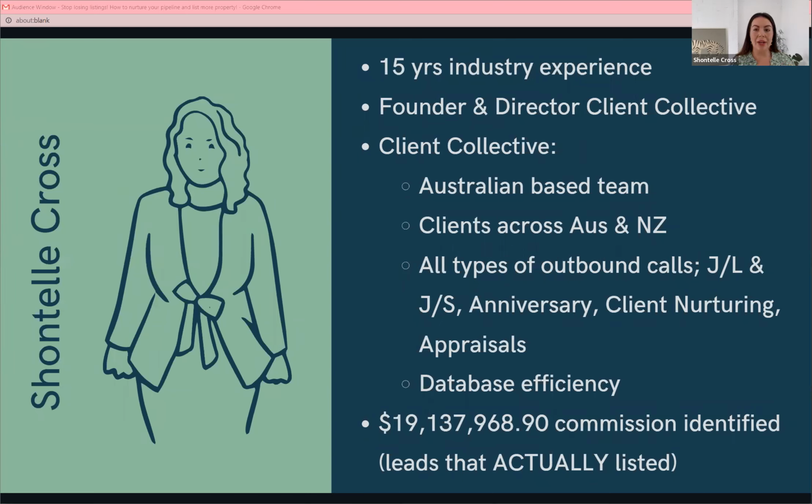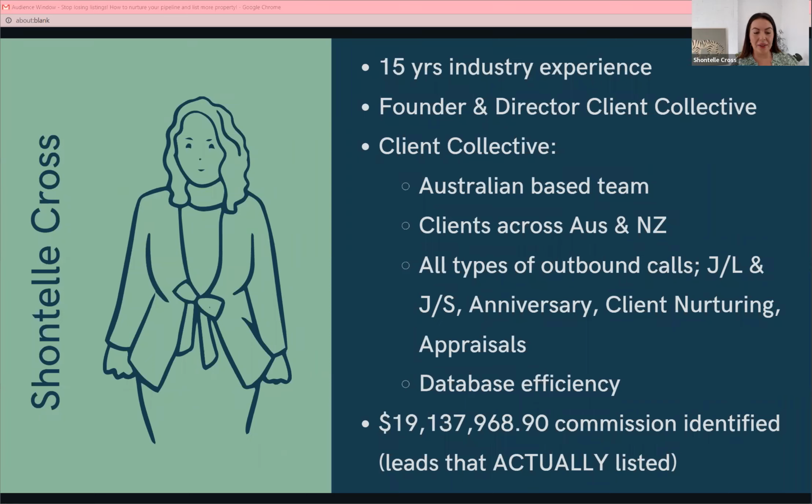And we also look at database efficiency. So making sure your database is running to the best it can so that you're not missing business out of your database. I've been in the industry for over 15 years, licensed agent. For most of that time, I was selling property. So just like you guys. And one thing led to another and I found myself here.